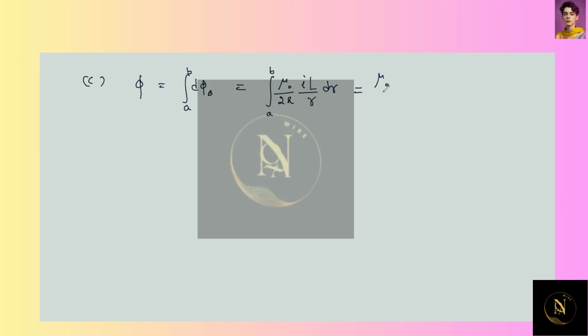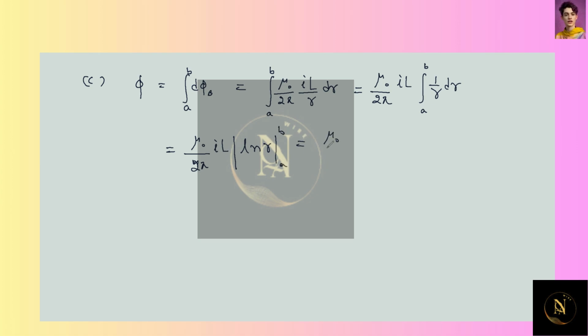So it will become mu naught divided by 2 pi I L times the integration of 1 by r dr from a to b. This integration comes out to be the natural logarithm of r, with limits from a to b.